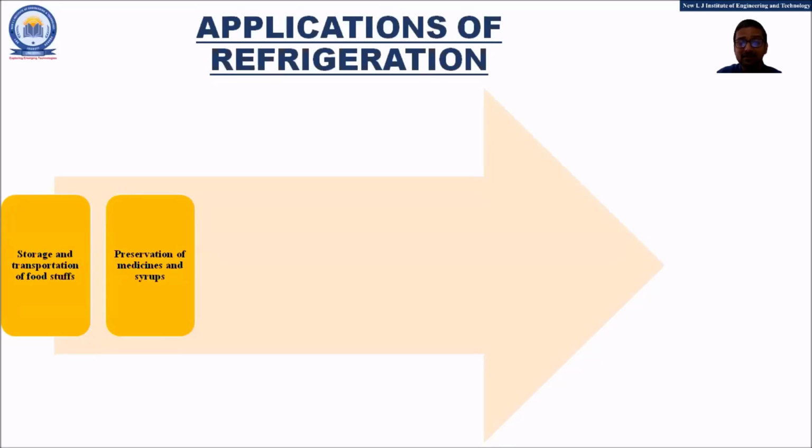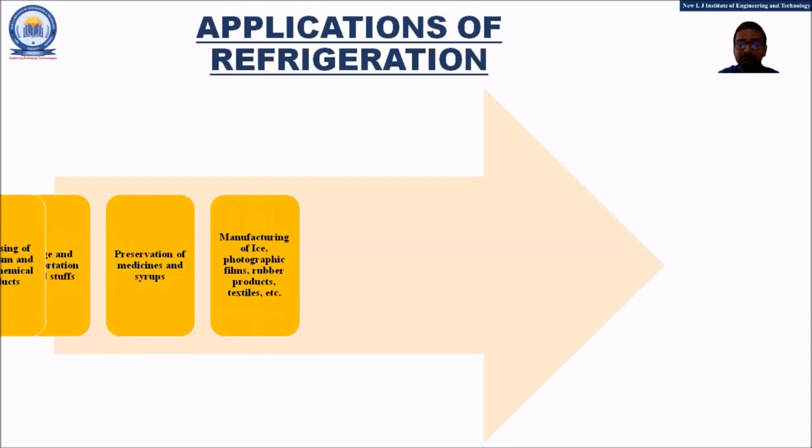That's why refrigeration is used for the preservation of some of the medicines and syrups. The next application is in the manufacturing of ice, that is the dry ice, which is commercially available in the market. Also, refrigeration is used for the development of photographic films, rubber products, several textiles, etc.